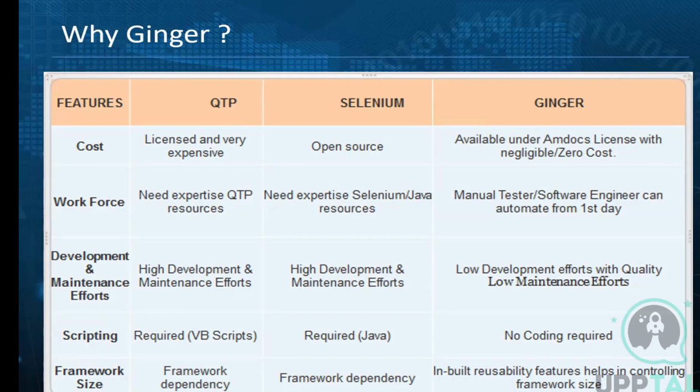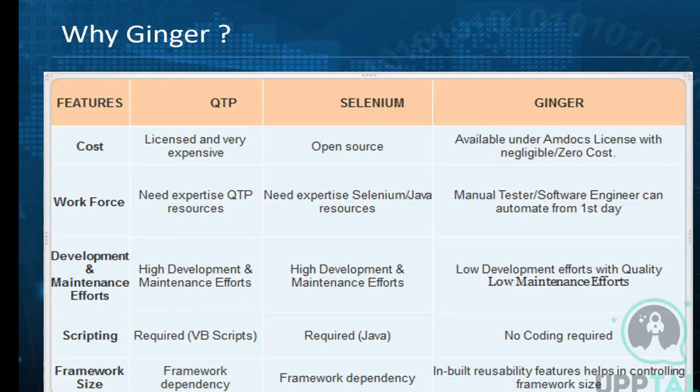But that requires a dependency on the framework. In Selenium, I hope you have heard about the TestNG framework in Java, or the Robot framework, which is used with Selenium and Python. These are the different frameworks present in the market which you can use.